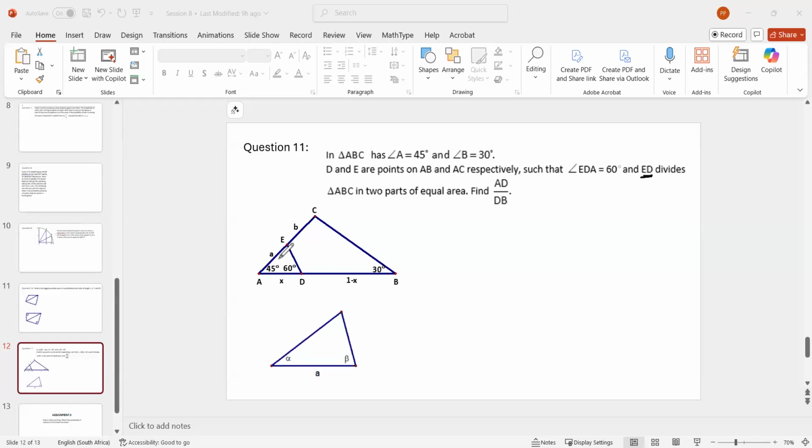But that is the same as saying that the area of this triangle ADE is equal to half the area of ABC. If you've got equal areas, then each one of them is half the area of the whole thing. Now, these are areas of triangles, okay? So we know the area of a triangle is half the product of 2 sides times the sine of the angle between them.